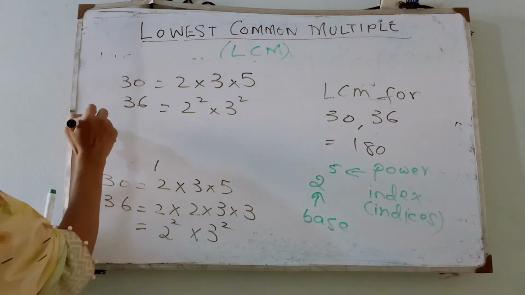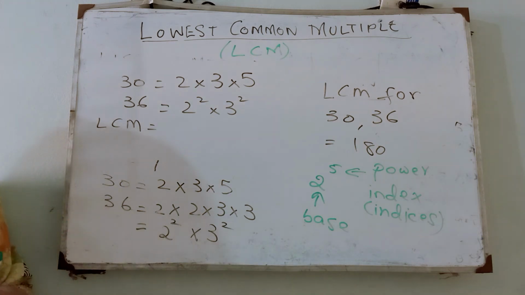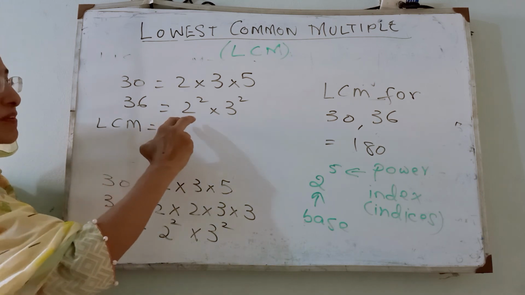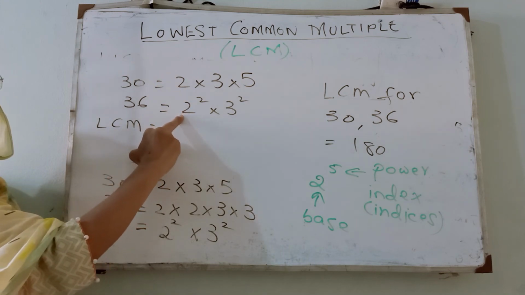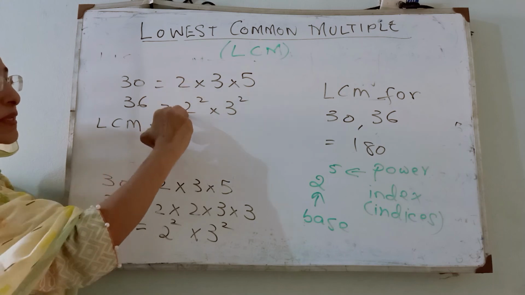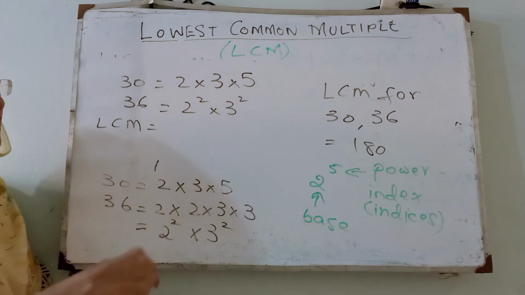So for LCM, as we have done previously, we have taken all the numbers. Either they are common or they are not common, but we have to take them all. So that's why in LCM, comparing the same base, we are going to take the highest power. Here the base is the same, and this 2 has power 1 and this has power square.